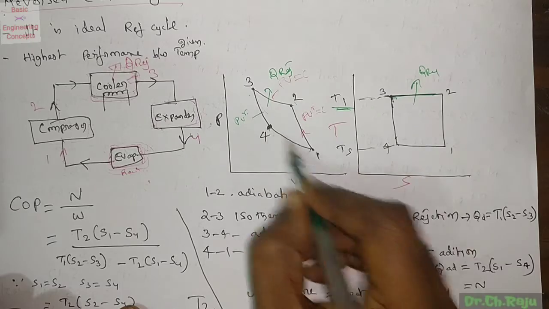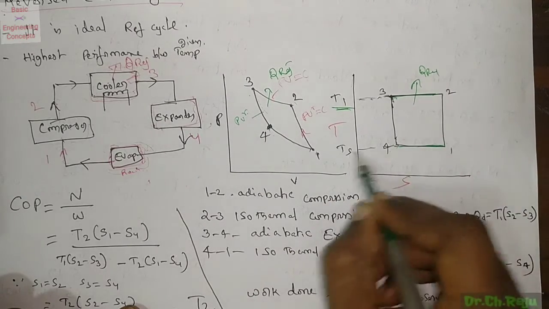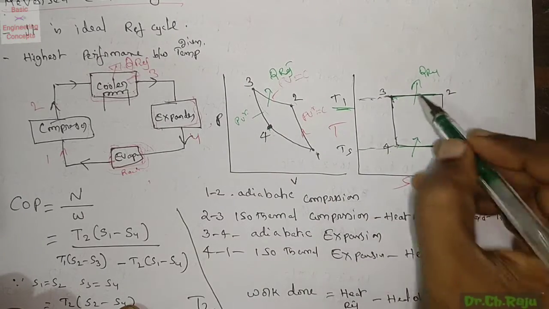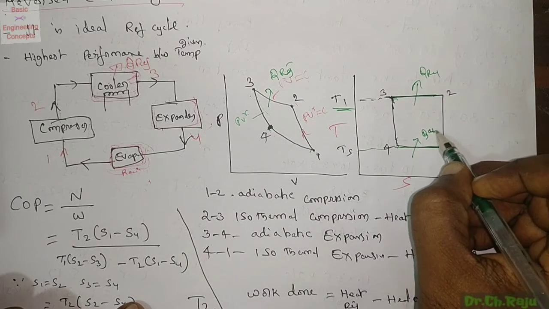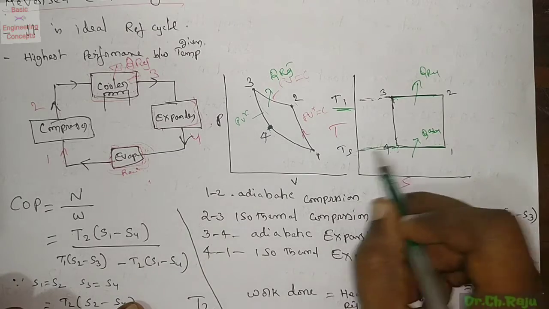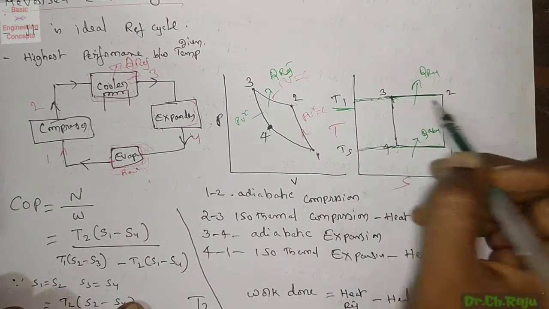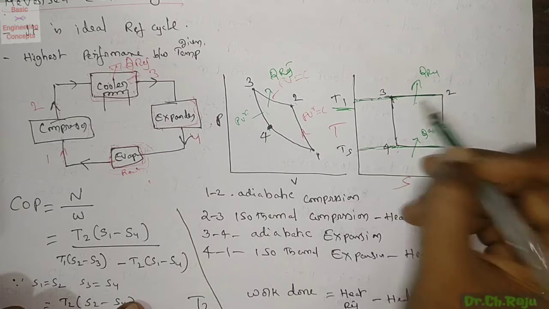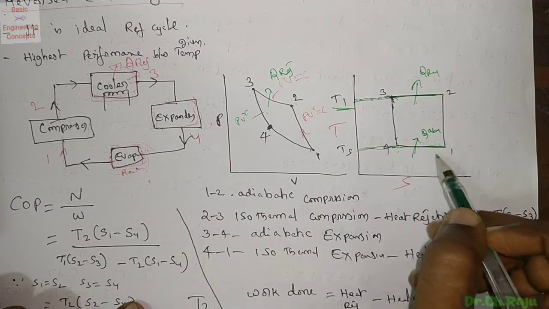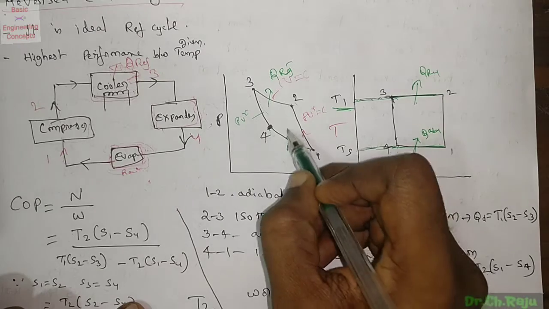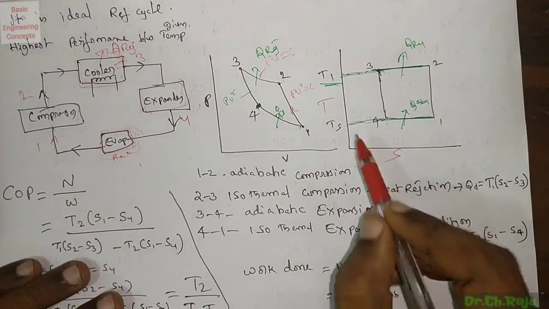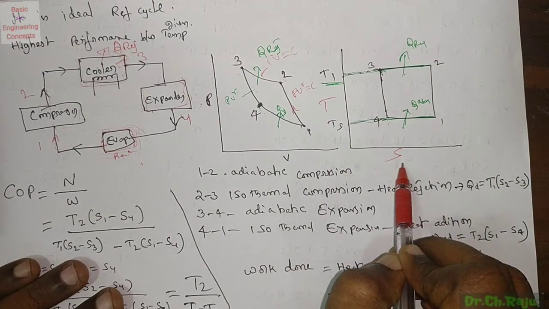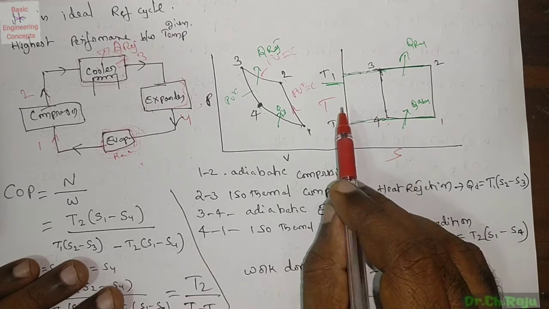4 to 1 is at constant temperature, where heat is absorbed. The specialty of the refrigerator is that heat is rejected at high temperature and heat is absorbed at low temperature. As you know, the area under the TS diagram is the heat transfer.